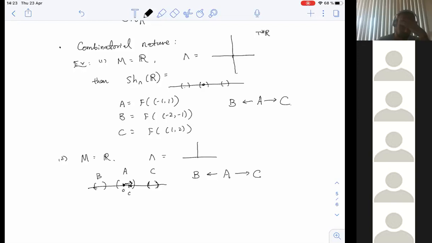And so the hair pointing in this direction means that if you restrict this to the right side, it should be a quasi-isomorphism.